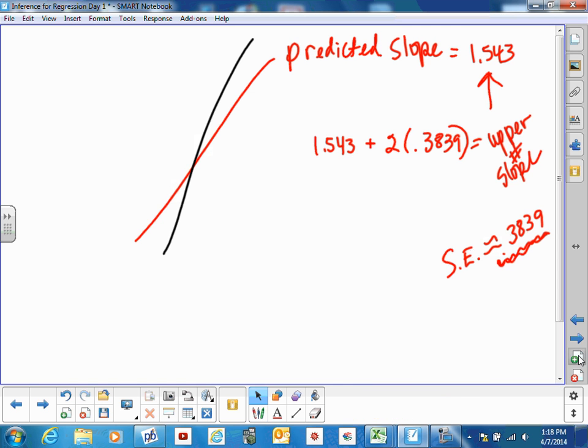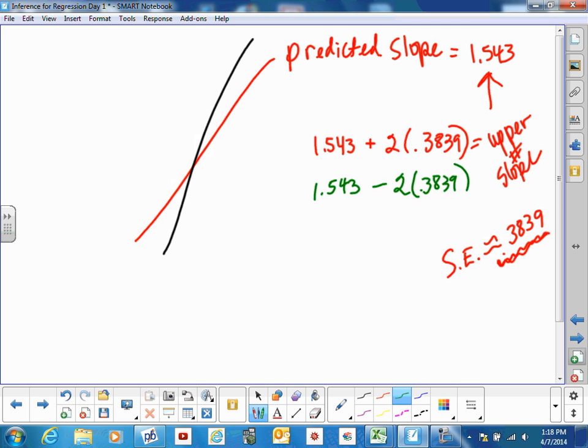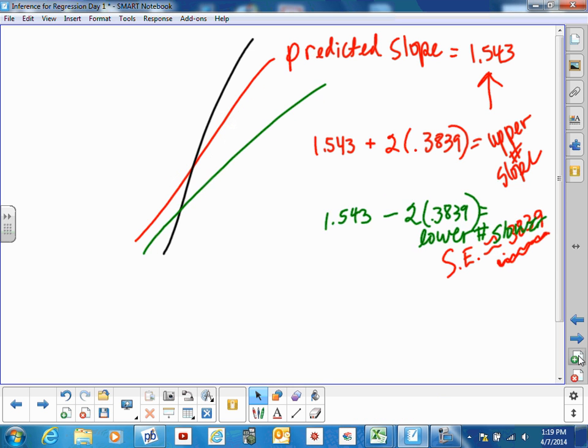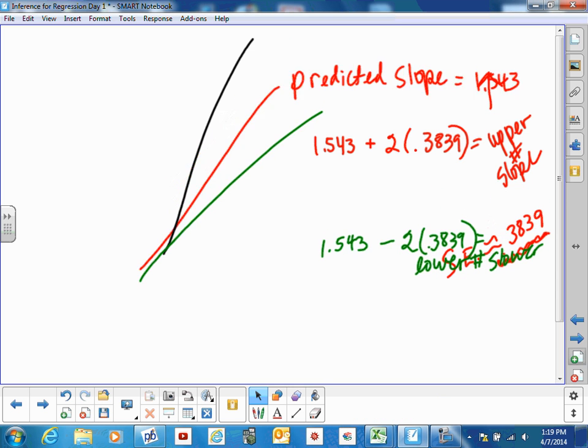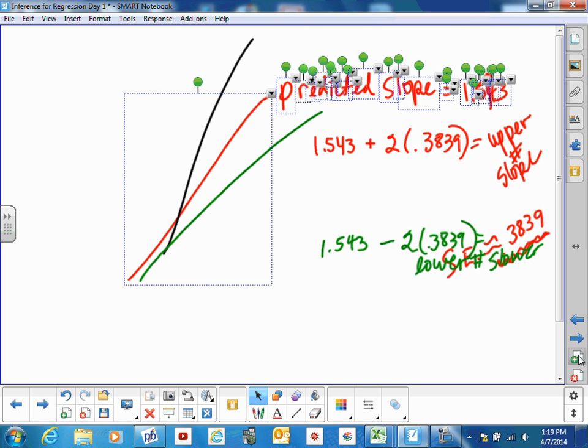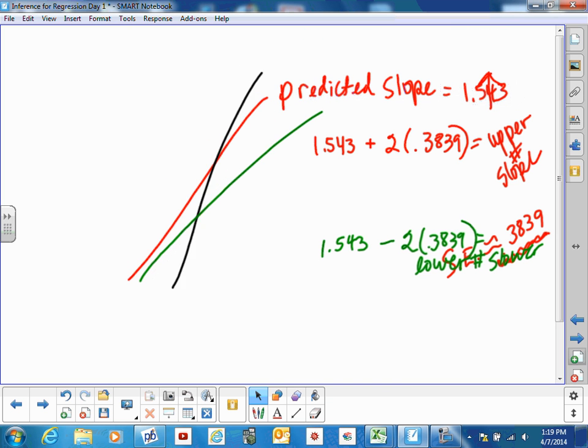But how about on the lower end? If I went 1.543 and subtracted away 2 of those standard deviations, that will give me a lower slope boundary. And so I've got a less steep slope. Do you see, my slope could look like this, or like this, or it could be steeper.